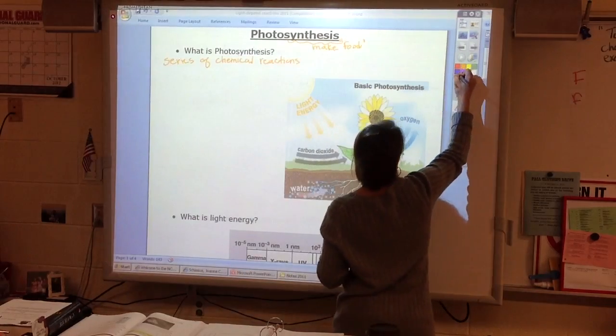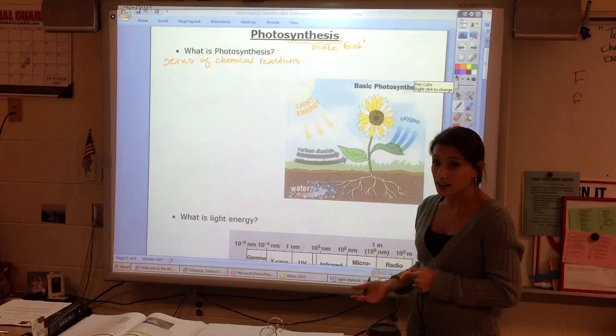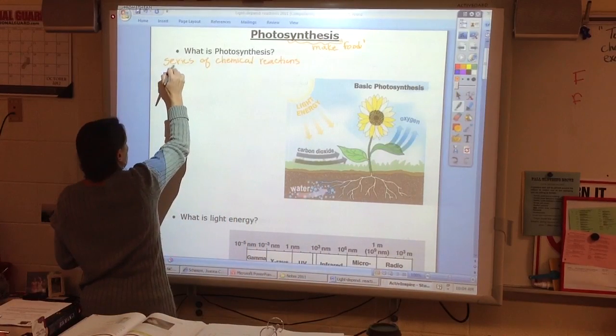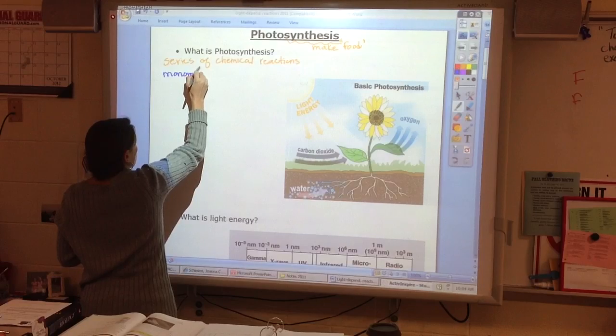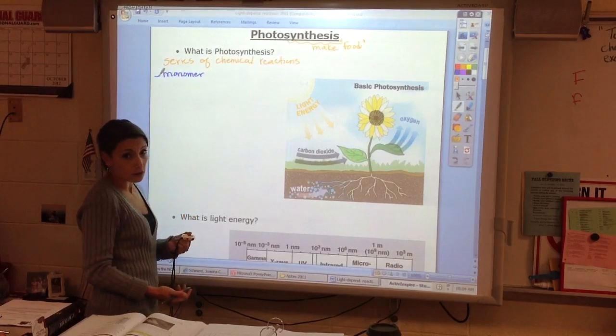Except we're going to go ahead and put food in quotation marks, because really what the plant is trying to do is create a monomer. That's the goal. We want a monomer that can be used for a lot of different functions.